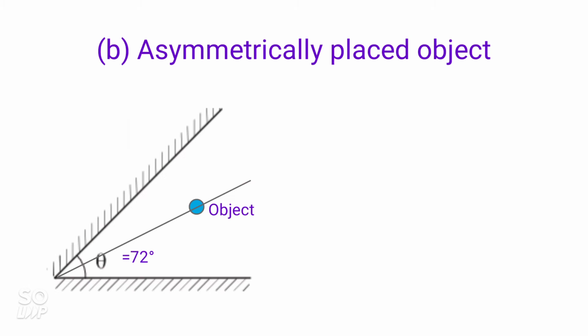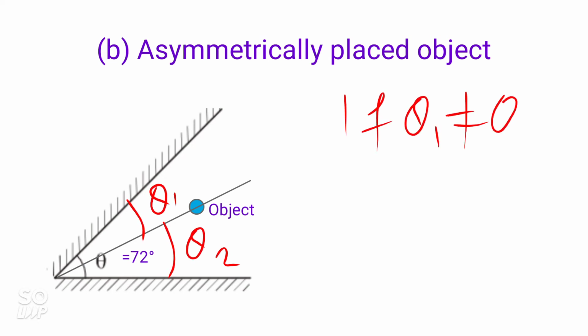But another condition: if this theta 1 and this theta 2 are not equal, if theta 1 is not equal to theta 2, then it is said to be the condition of an asymmetrically placed object. The object is not in a symmetrical position in this case. So this time the number of images will be just equal to k.